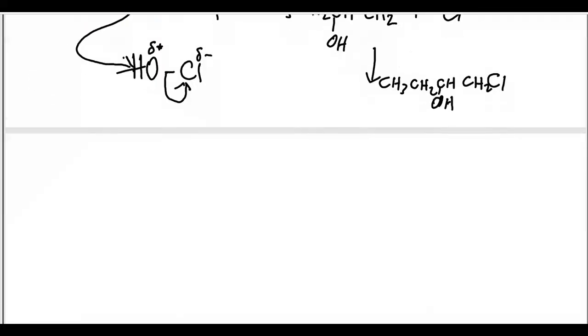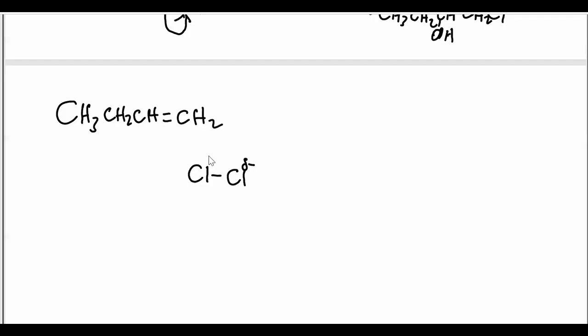But we can also use the second method, where we don't need to first react. Now we have CH3, CH2, CH, double bond, CH2, with chlorine and water. The chlorine, when it dissociates, becomes partial negative and partial positive.